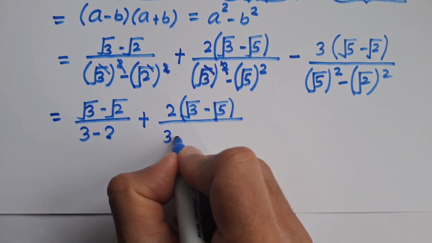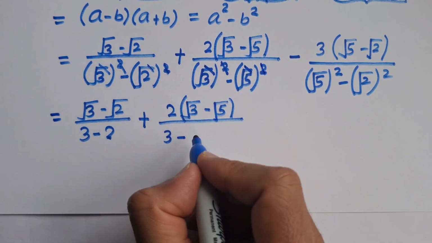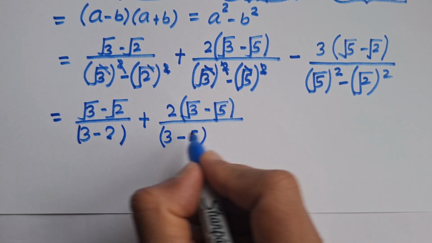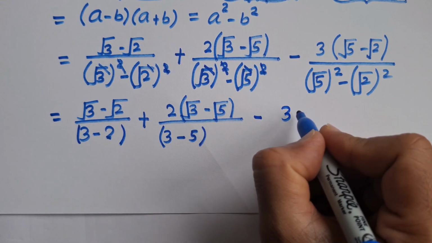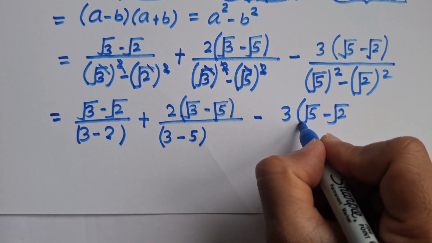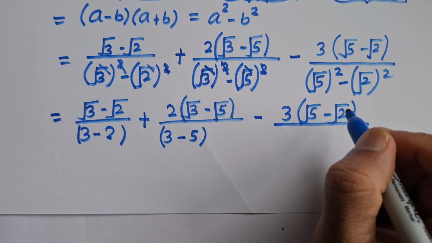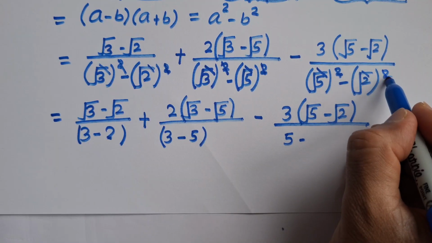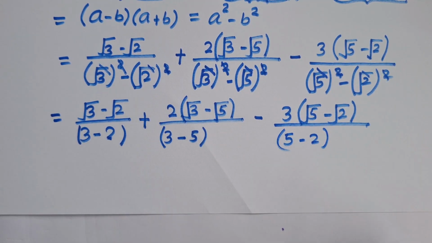We have 3 minus 5. Here we have 3 times square root of 5 minus square root of 2 divided by, square and square root are going to be cancelled out. We have 5 minus 2.